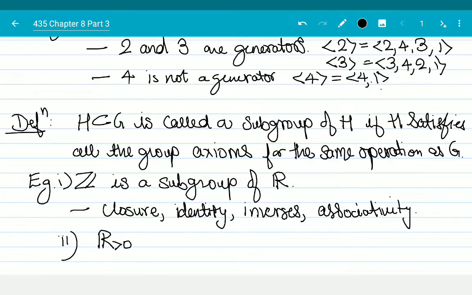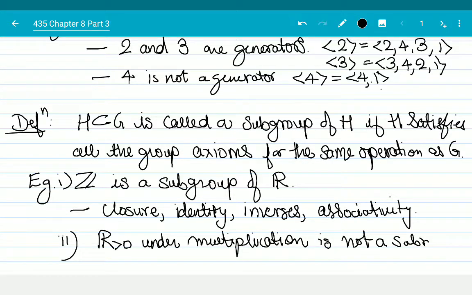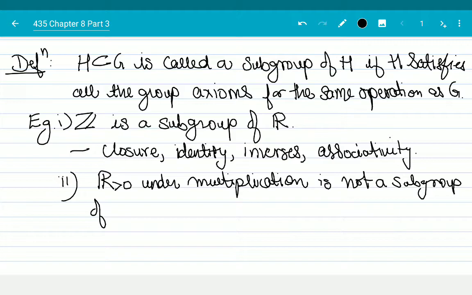R greater than 0 under multiplication is not a subgroup of R, even though R greater than 0 is a group on its own.